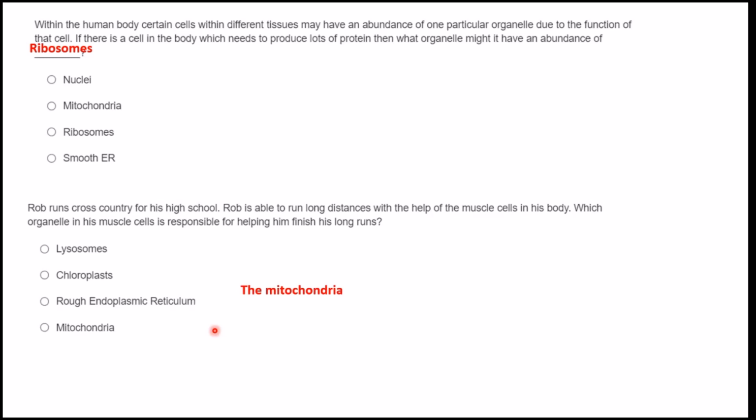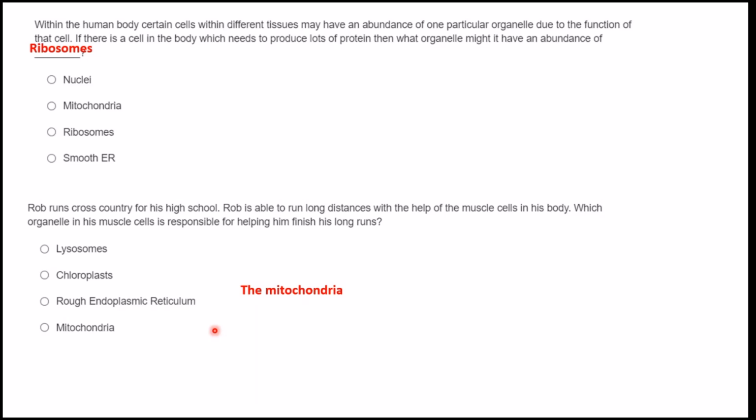Yes, it's mitochondria. Why? Because in his muscles, whenever you want to give an answer, try to tie in what they're talking about, not necessarily what mitochondria is or what the structure of the mitochondria is. The mitochondria in his muscles provide energy in the form of ATP, which allows him to run long distances.